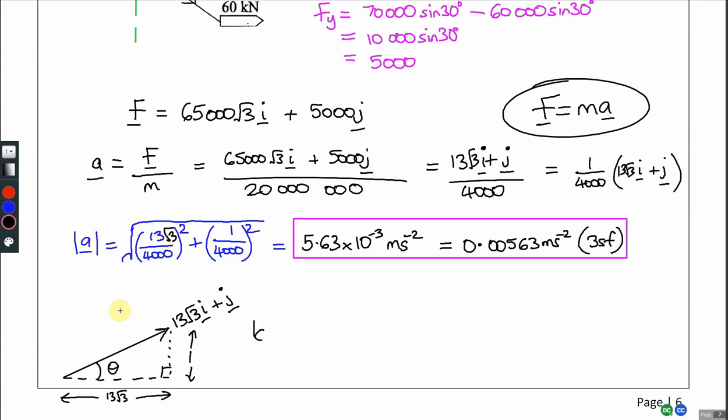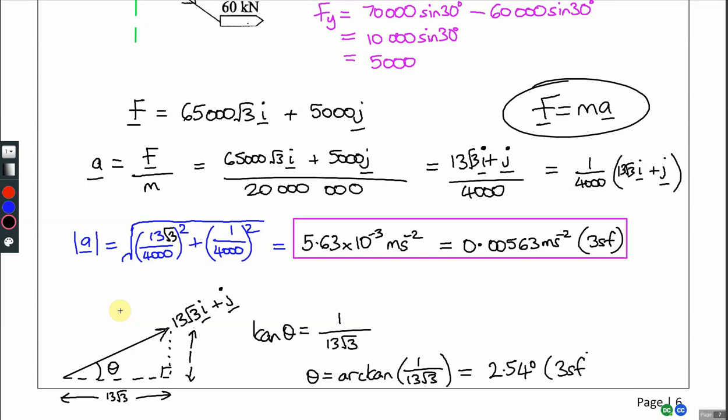So tan theta, which is opposite over adjacent, will be 1 over 13 root 3. So we can do inverse tan, or arctan, means the same thing, of that fraction, and that will give us our angle. And that is 2.54 degrees to 3 significant figures.